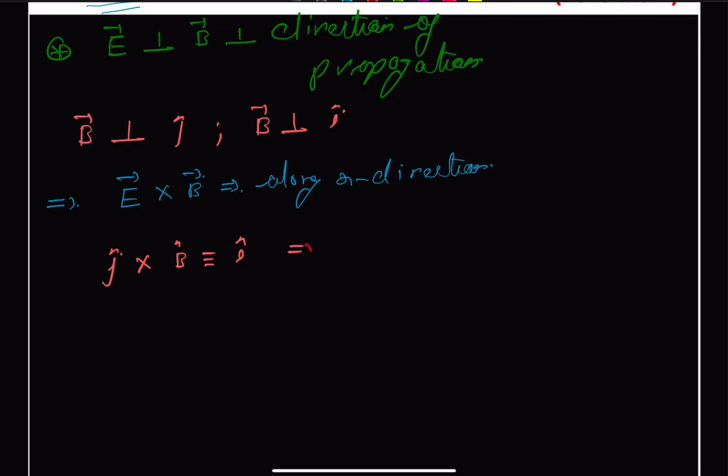Therefore, from here we can say that our B unit vector should be plus k, or the z direction. Direction we found out. Now we can simply use the formula for the magnitude.